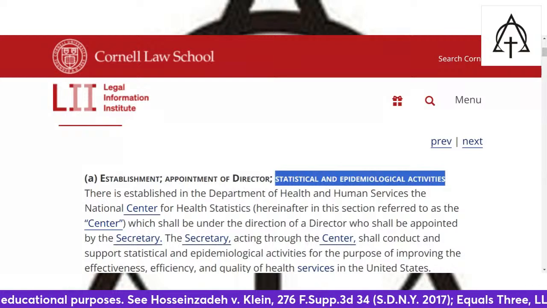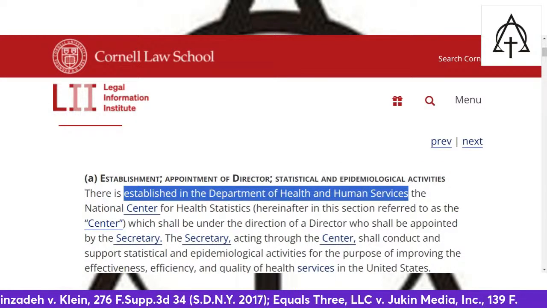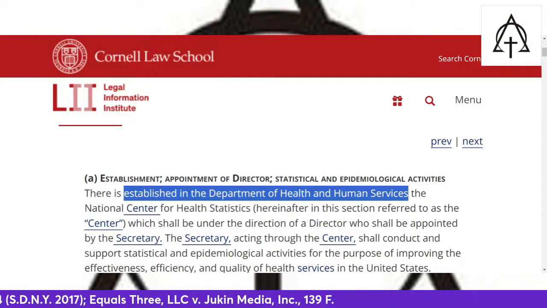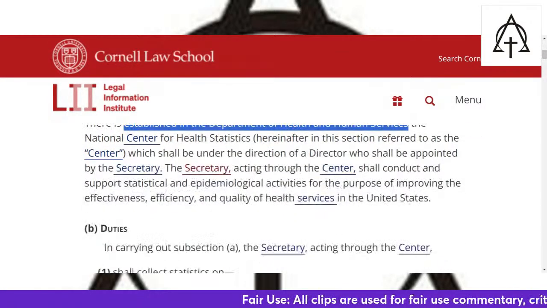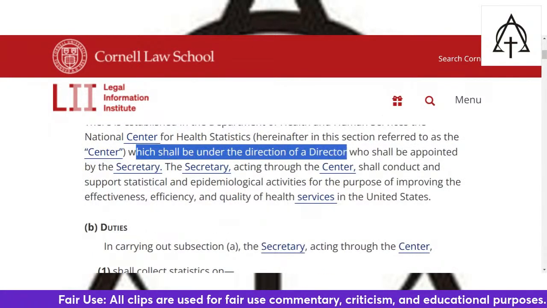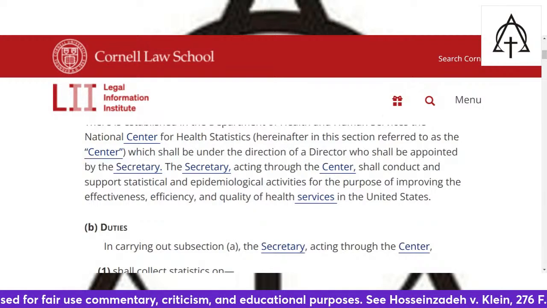There is established in the Department of Health and Human Services the National Center for Health Statistics, hereinafter in this section referred to as the Center, which shall be under the direction of a director who shall be appointed by the Secretary.